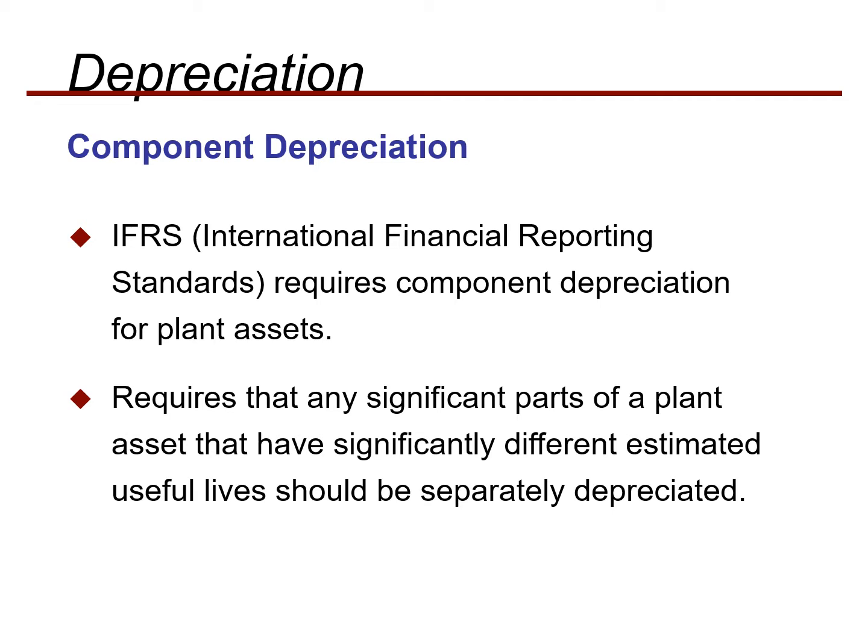Any significant parts of a plant asset that have significantly different estimated useful lives should be separately depreciated, as compared to the main machinery, plant or other fixed asset. We'll see the component depreciation concept in these slides.